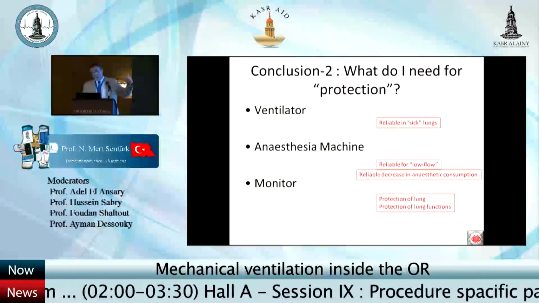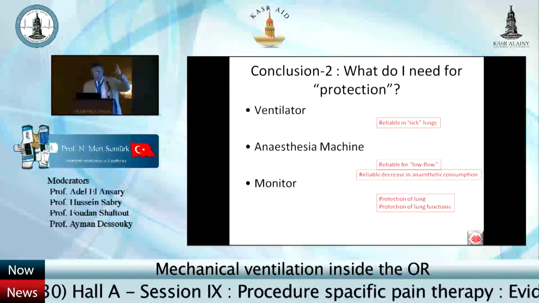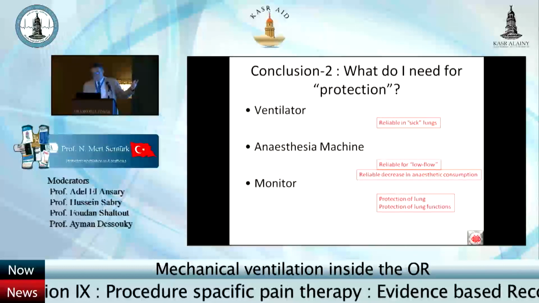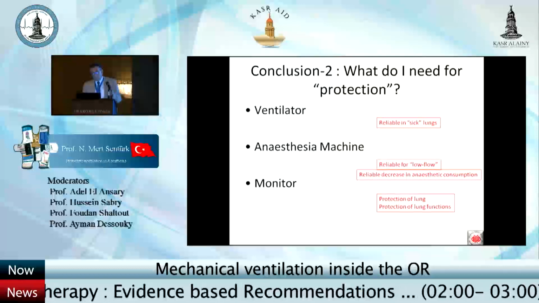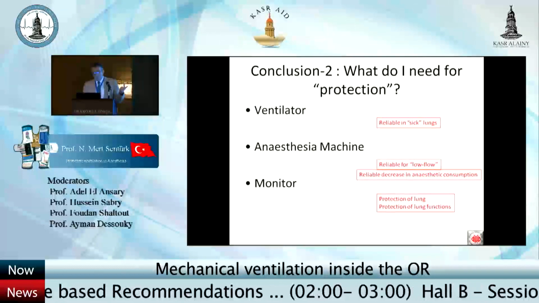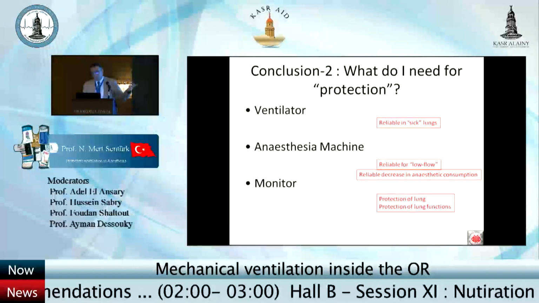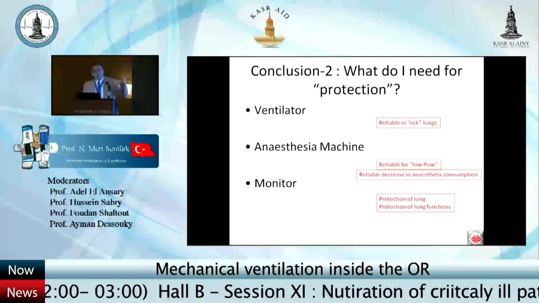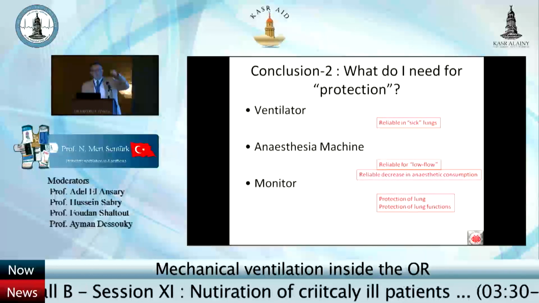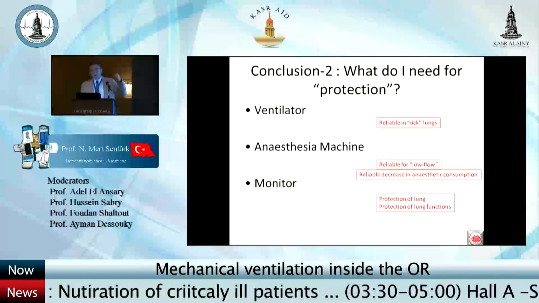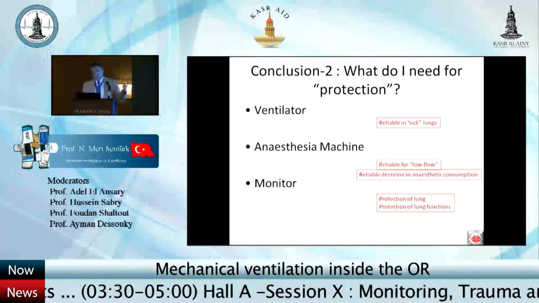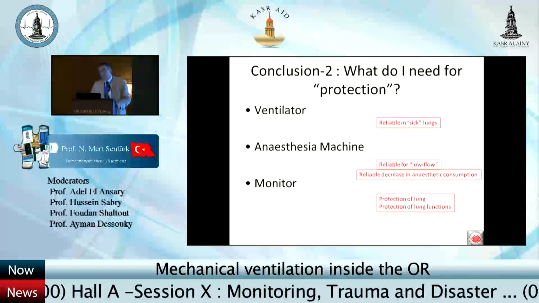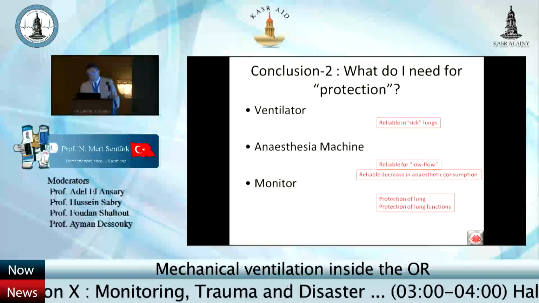It has to be an anesthesia machine reliable for low flow anesthesia, which permits a reliable decrease in anesthetic consumption. And it has to have a monitor to show us that we can protect both the lung and also the functions of the lung. Therefore, we have to have a good anesthesia machine in the operating room too.